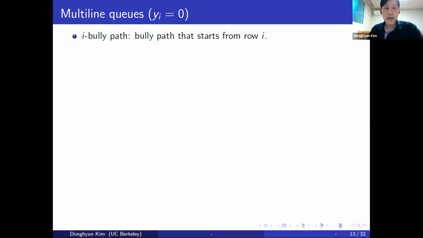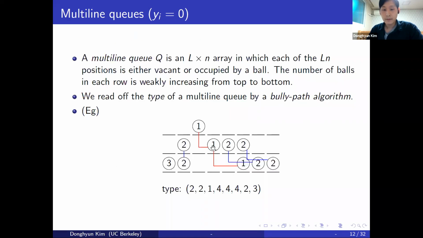And we call it an i bully pass if a bully pass starts from row i. So the red one is a 1 bully pass, and the green paths are 2 bully passes.